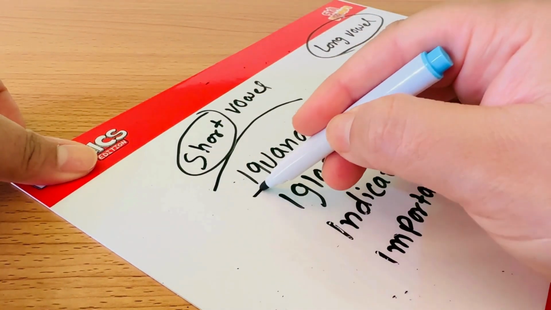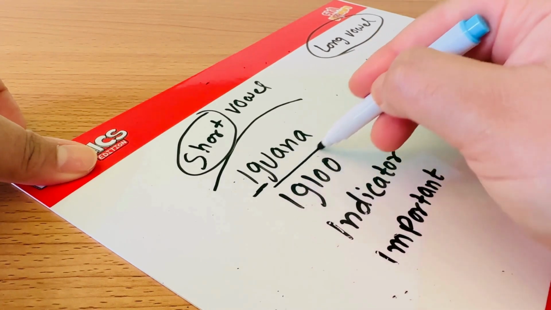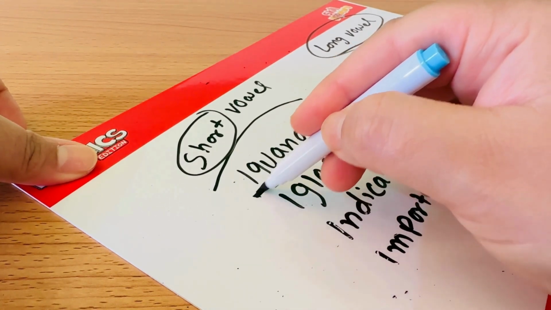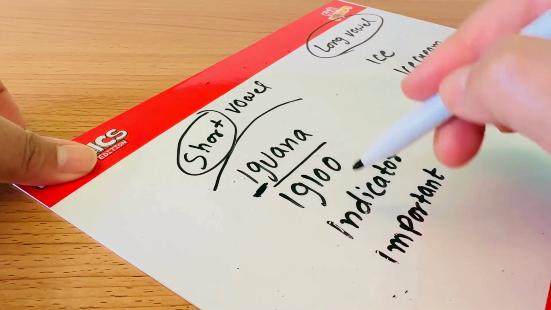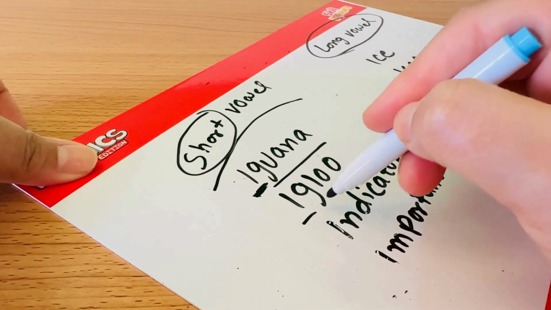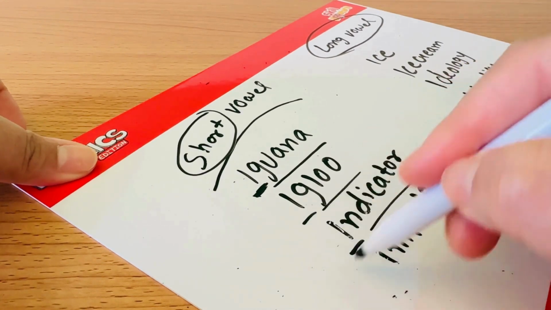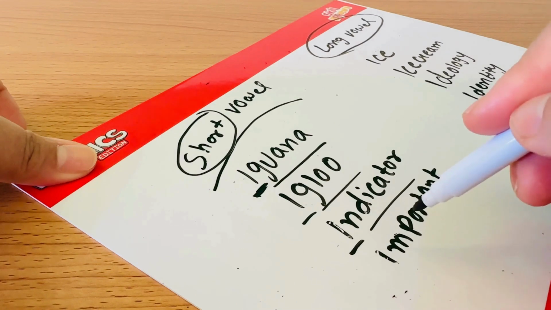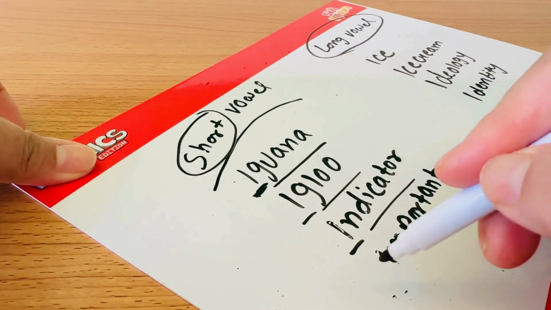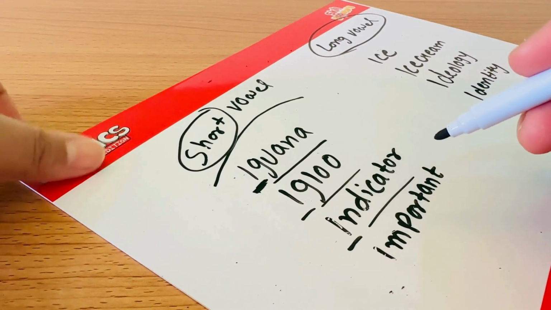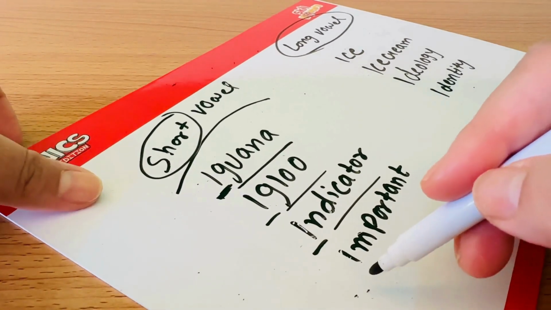Short sound of I. Iguana. So we are hearing the sound of I very little, very short, right? Igloo. Indicator. Are we stretching the letter sound anywhere? I don't think so, because I can only hear a very short sound of the letter.